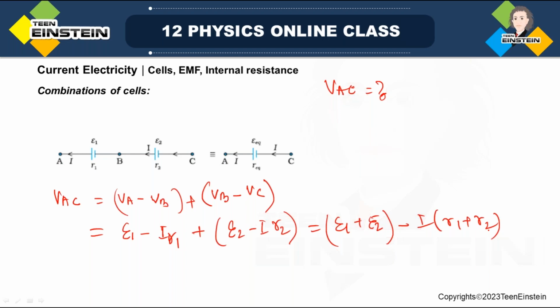Okay. So in series, we see how the internal resistances are contributing here.